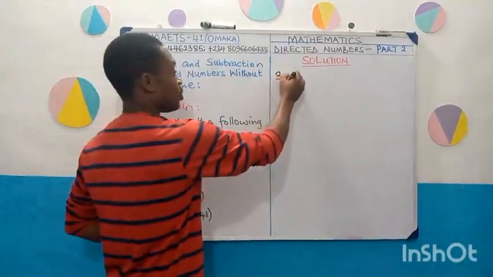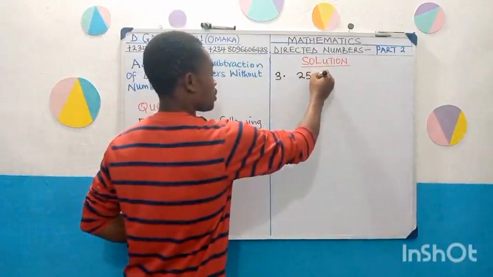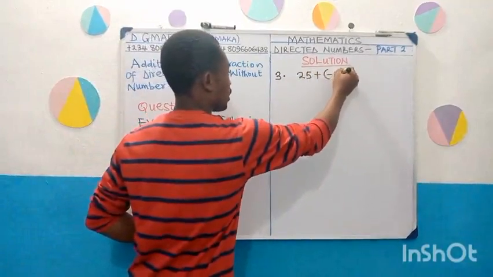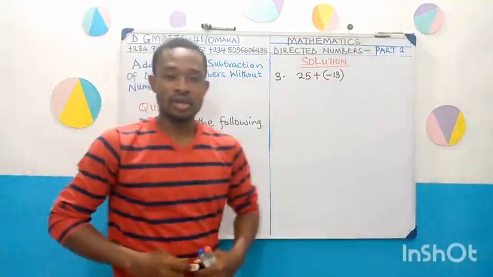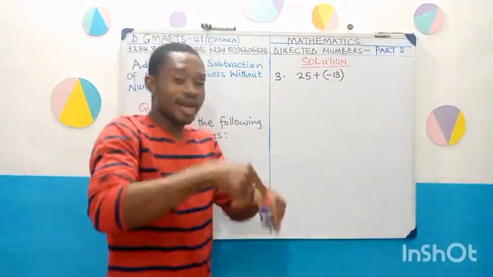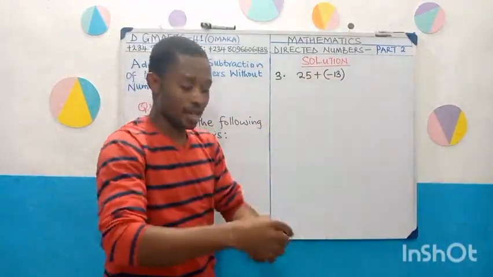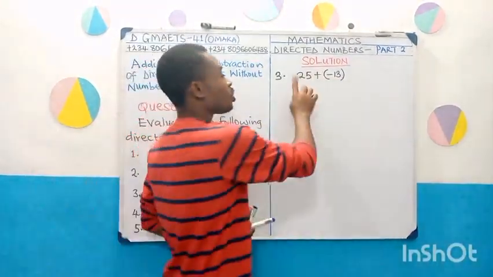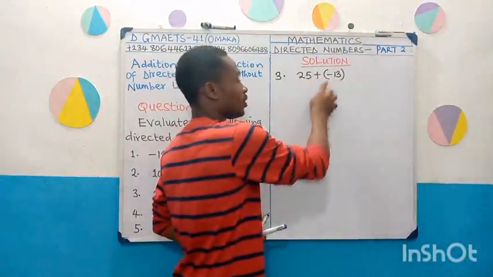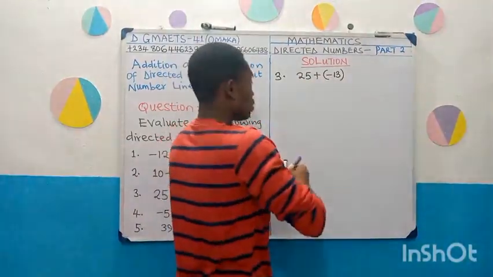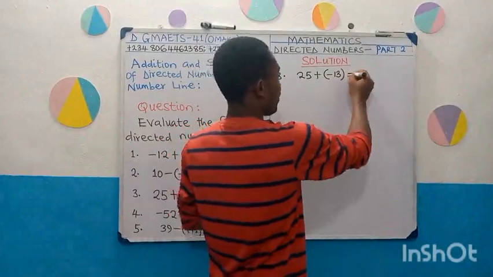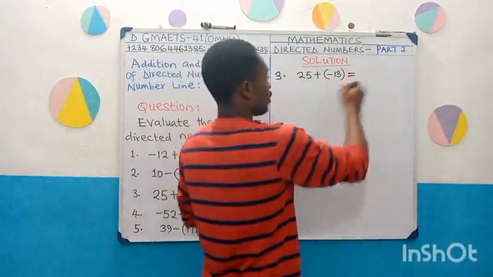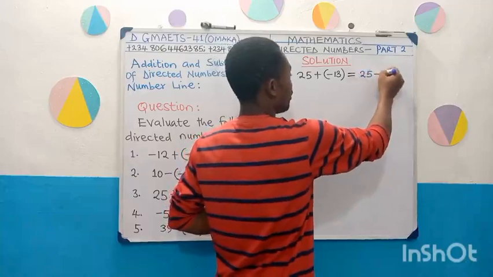We are to evaluate 25 plus bracket minus 13. Again, try to rewrite this 25 plus minus 13 so that you have just one sign here. This is going to be 25 minus 13.